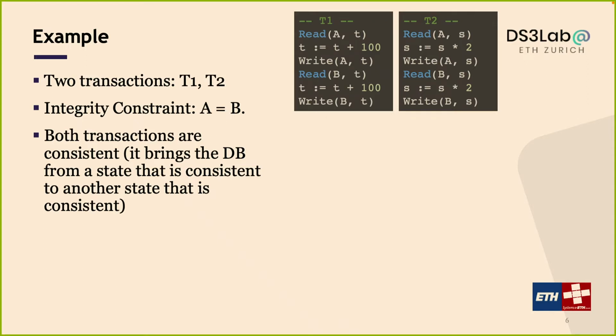In the beginning, I have a database instance where A equals B, and your input is a consistent state. After you run T1, as long as in the input A equals B, in the output A also equals B inside the database. So T1 is consistent. Similarly for T2, your input A equals B, you multiply both by 2, the output must be the same. So both transactions are consistent, and we are pretty happy about it. They transform a consistent database state into another consistent one.